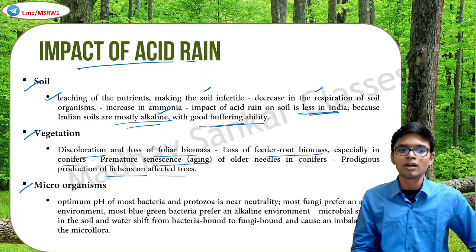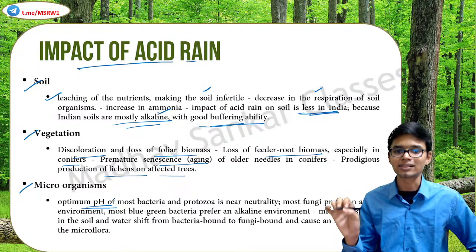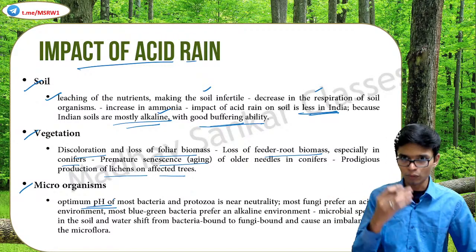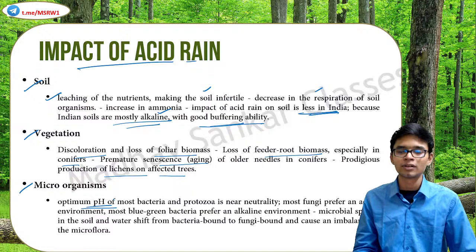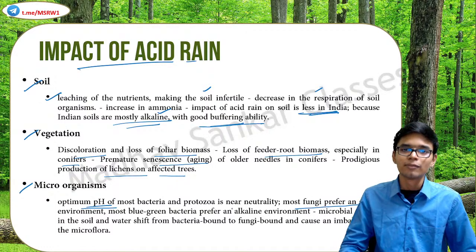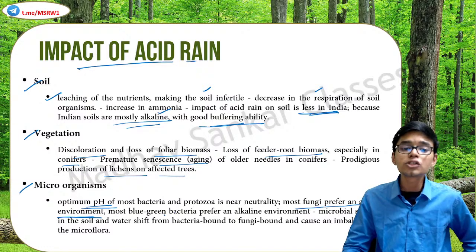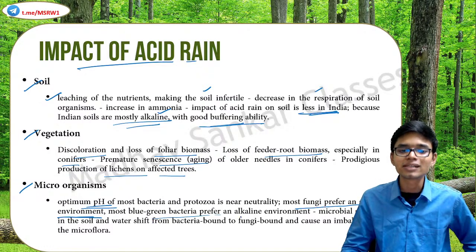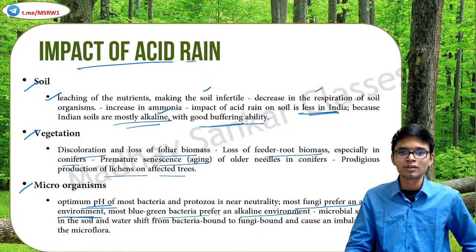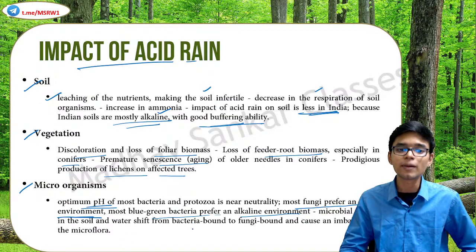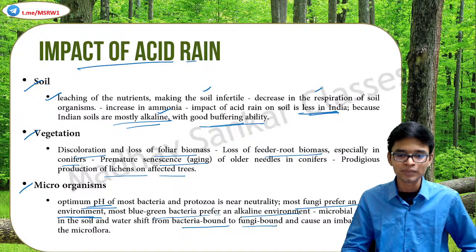Microorganisms. Optimum pH is the best for most of these microorganisms, bacteria, fungus, etc. Everybody wants near neutrality. A pH of 7 is the most sought after pH, but most fungi prefer an acidic environment. Most blue-green bacteria prefer an alkaline environment. So think about it. Microbial species in the soil and water will shift from bacteria to fungi and cause an imbalance in the microflora.